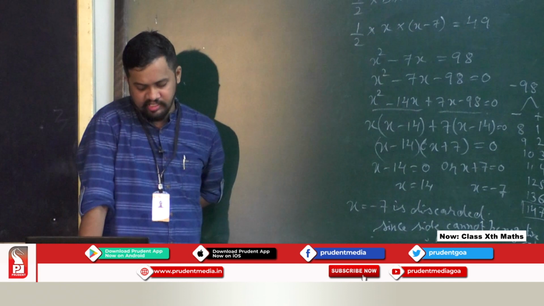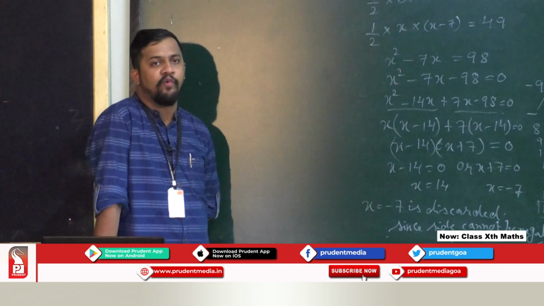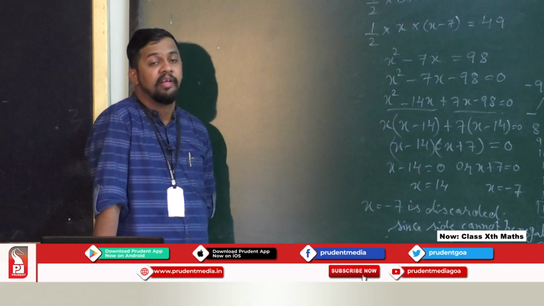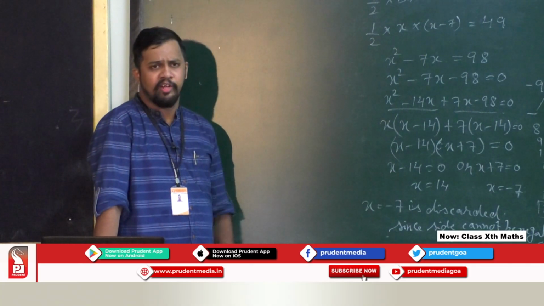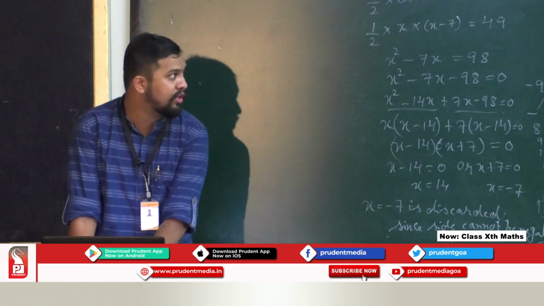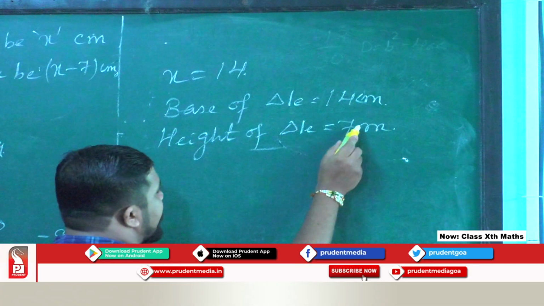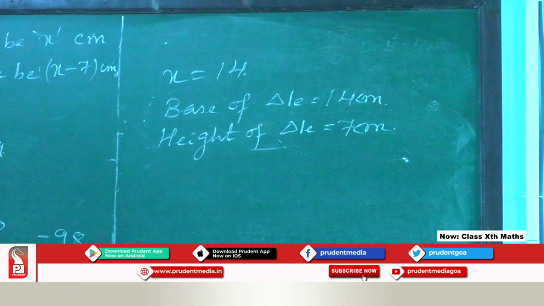So we got x is equal to 14 and x is equal to negative 7. So x is equal to negative 7 is discarded since the side cannot be negative. Of any figure, a side can't be negative. Therefore x is equal to 14. Therefore the base of the triangle is 14 centimeters and the height is 7 centimeters. Units are very important, meters and centimeters.